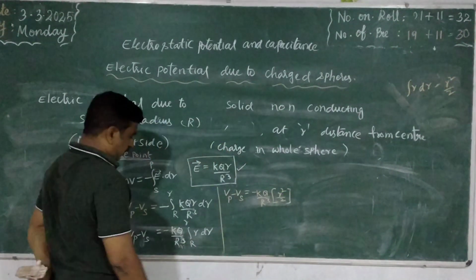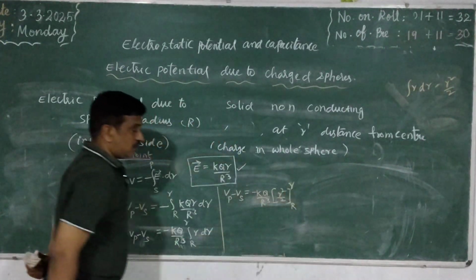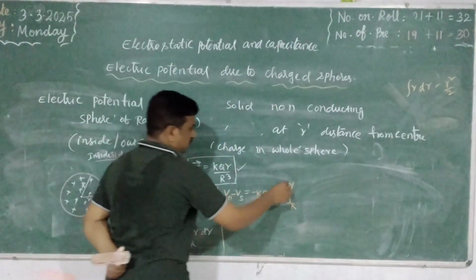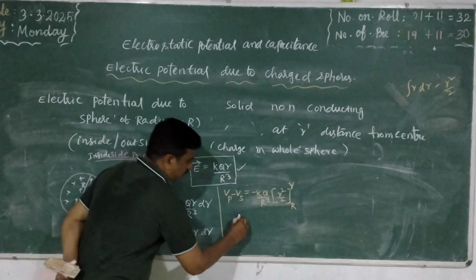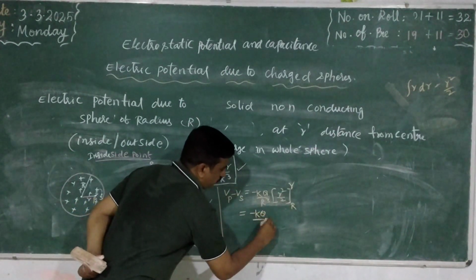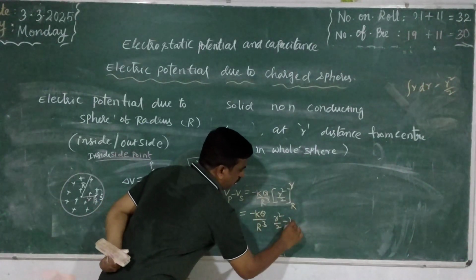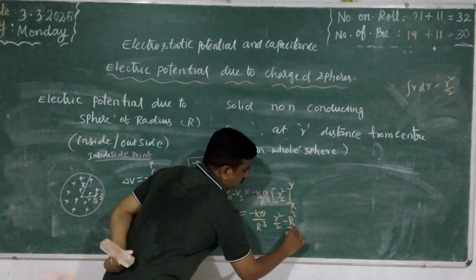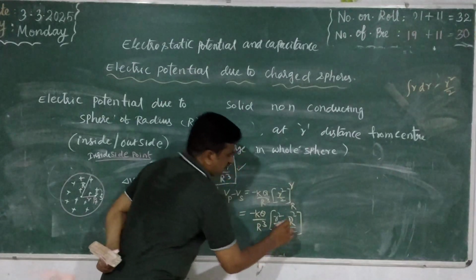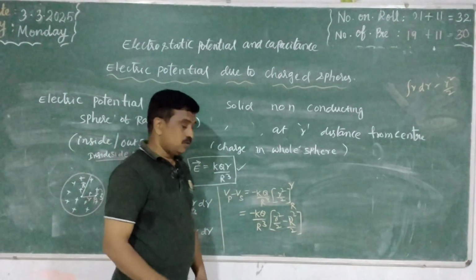What is the interval now? Capital R to small r. We write upper interval first, later lower interval. So minus KQ by R cube, r square by 2 minus capital R square by 2. So we get this value.